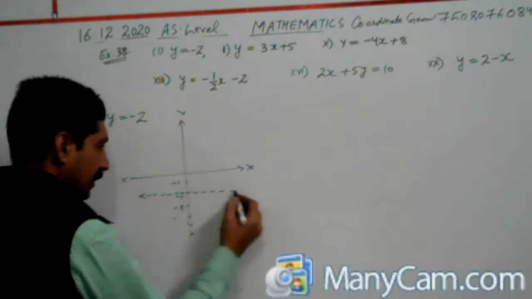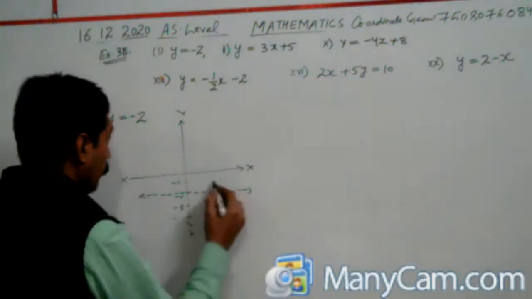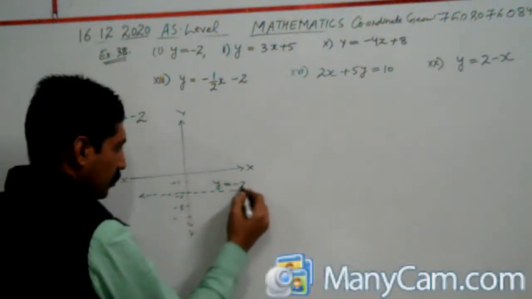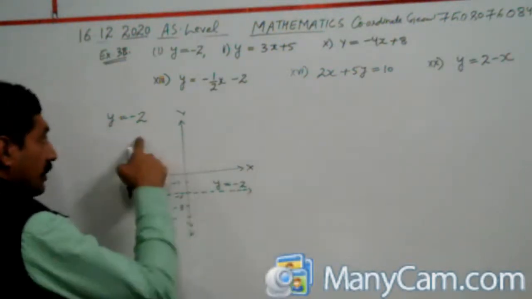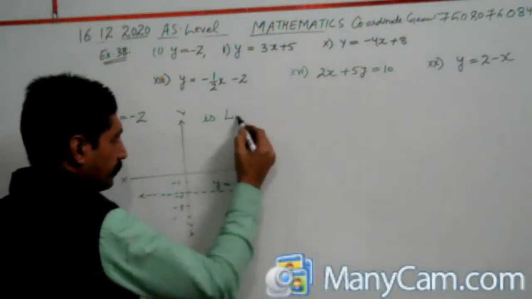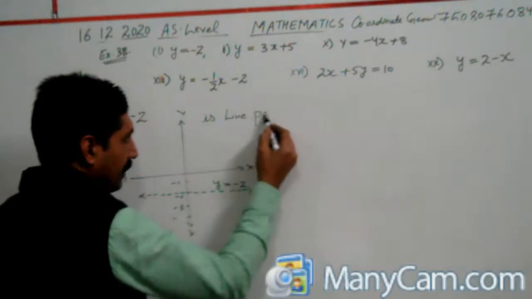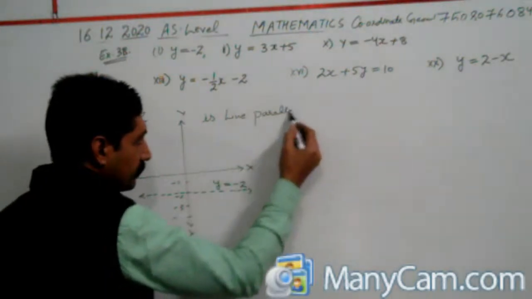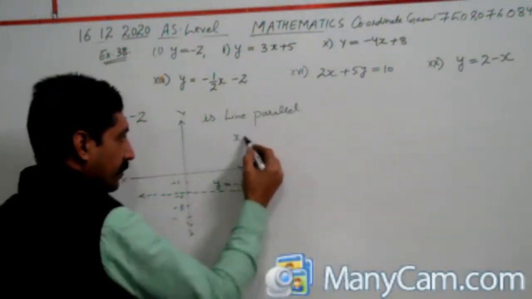This is the equation of the line y is equal to minus 2. Y is equal to minus 2 is a line parallel to the x-axis.